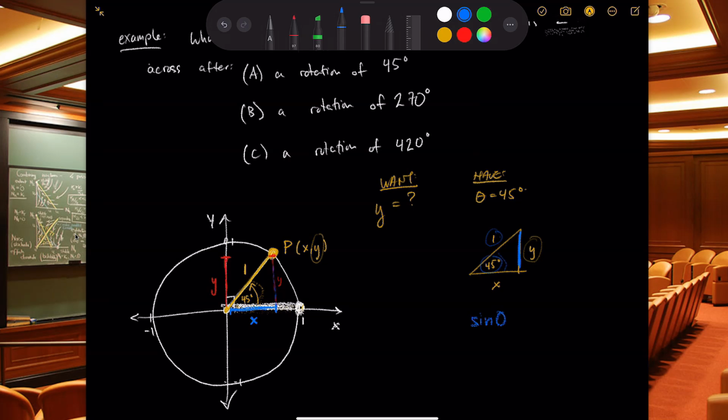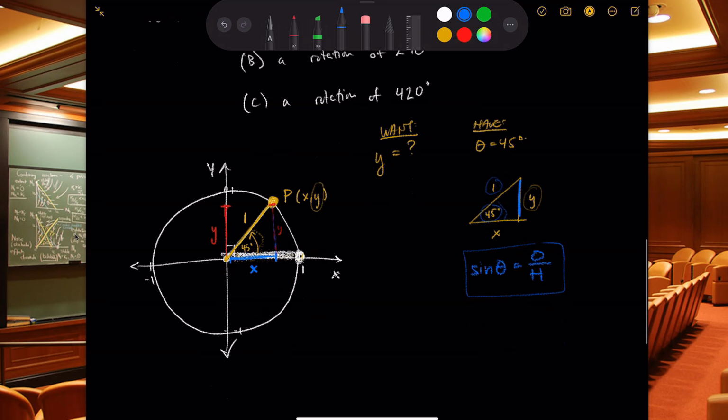Sine of theta is equal to what? Opposite over hypotenuse. That's the formula for sine of theta, and this comes from triangle trig. So sine of theta, in our case sine of 45, must equal the opposite, which is y, over the hypotenuse, which is 1.